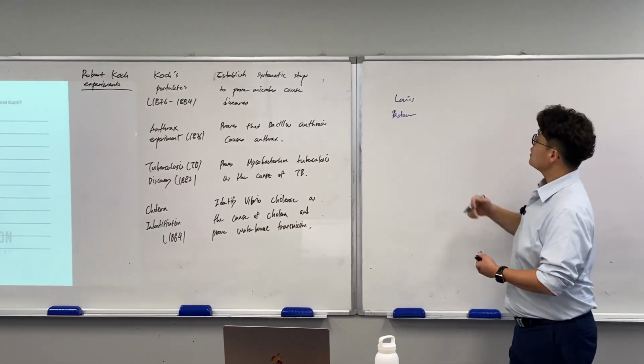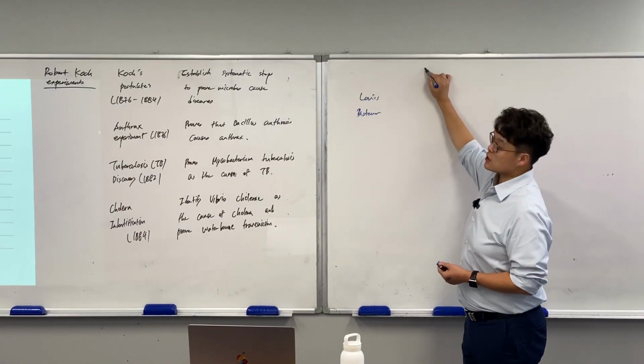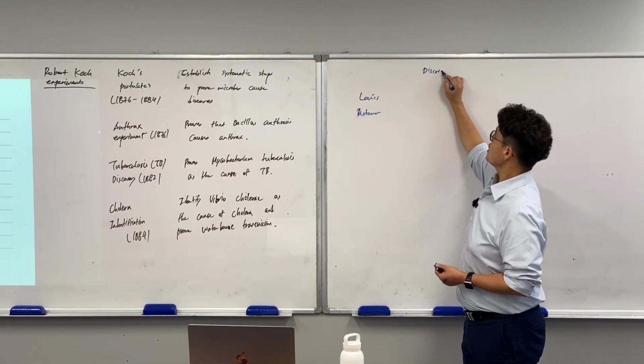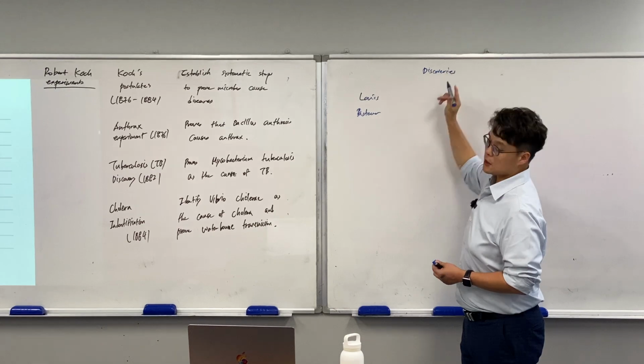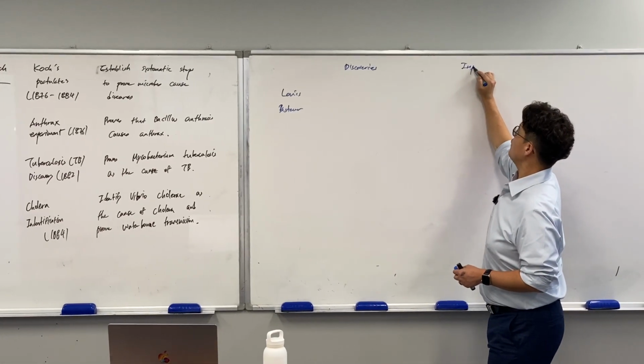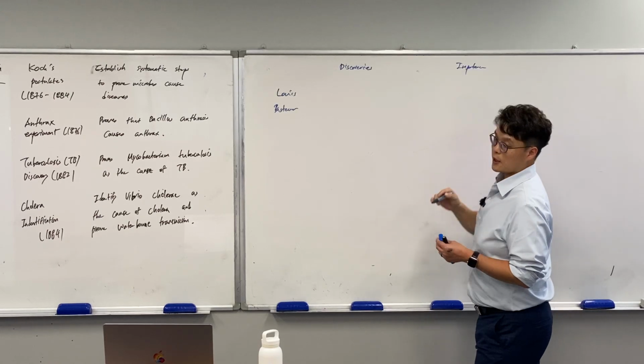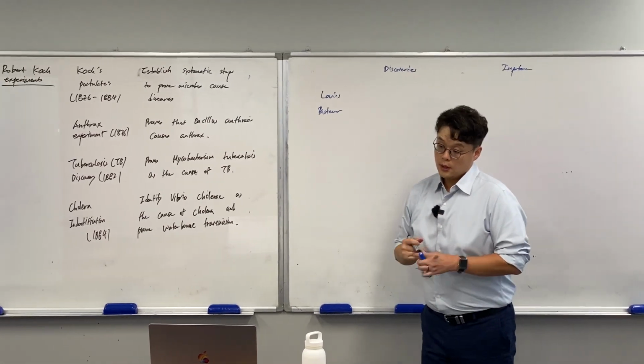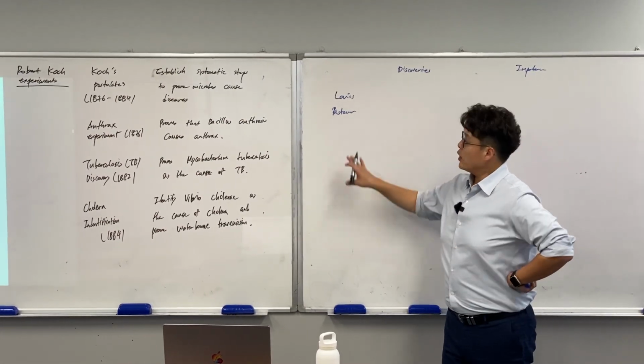Okay. So let's talk about his discoveries. I'll give you a summary of the discoveries and their importance. If you don't have time to revise, this would be a good table you can use. So, what has he done?